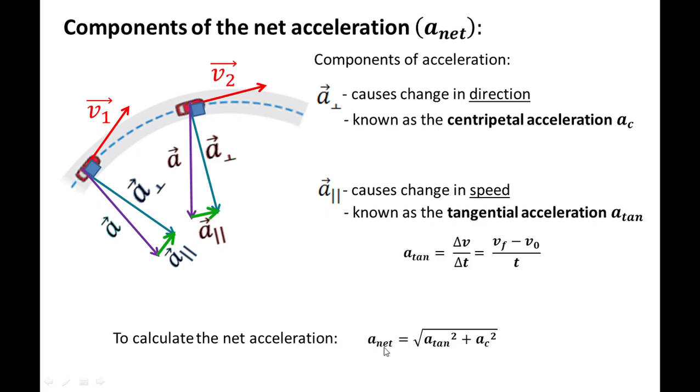The net acceleration, or the total acceleration, is just equal to the square root of the sum of the squares of the tangential acceleration, whatever is the result here, you will square that and add it to the square of the centripetal acceleration here, and you get the square root of the total, and that should give you the value of the net acceleration, or the total acceleration.